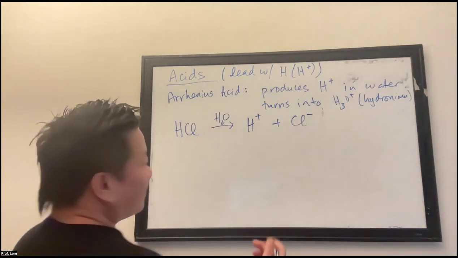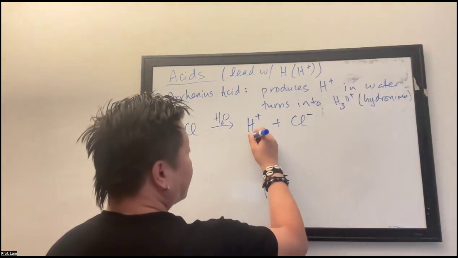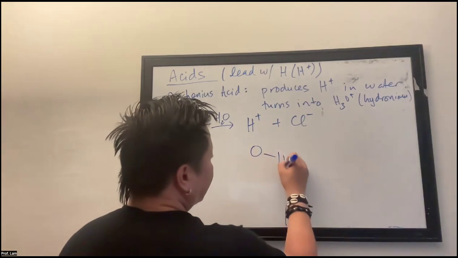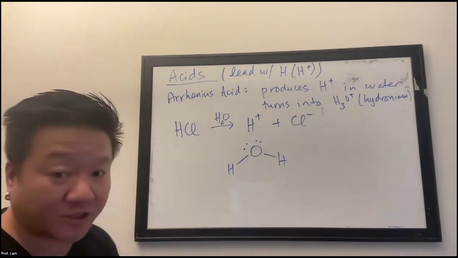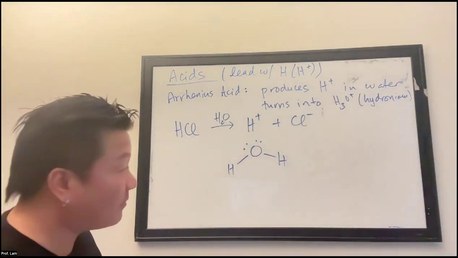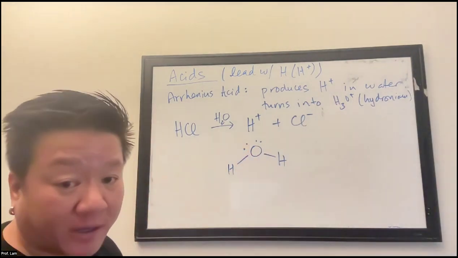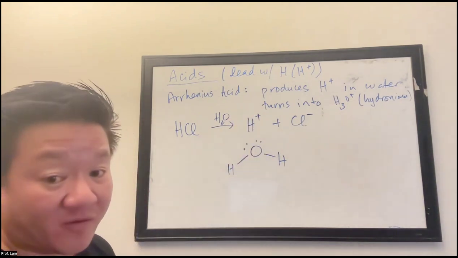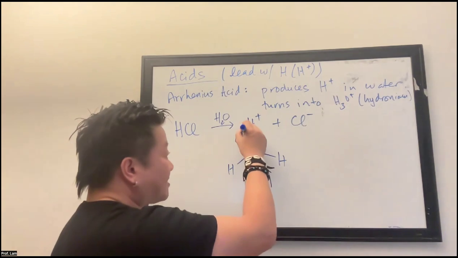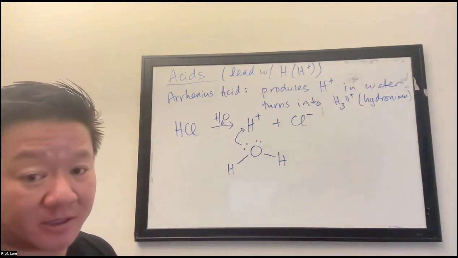So this H plus gets, now you guys know Lewis structure, so I just drew water. Remember water, the oxygen has two lone pairs. And H plus is deprived of the electron. So of course this oxygen is going to grab this proton.